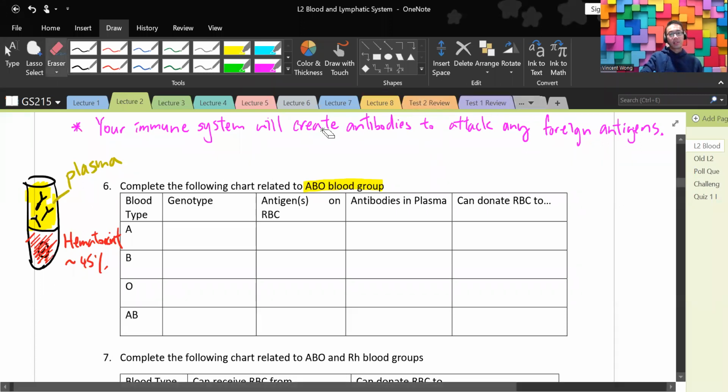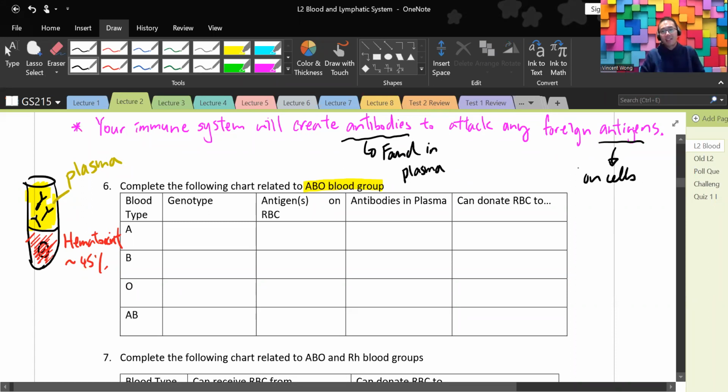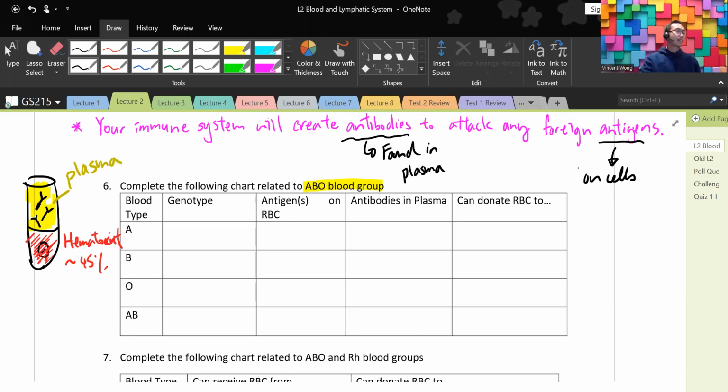So antibodies are found in plasma, floating around in the plasma. And then the antigens are on cells. In this particular context, the antigens are on the surface of the red cell, even though all cells have antigens.